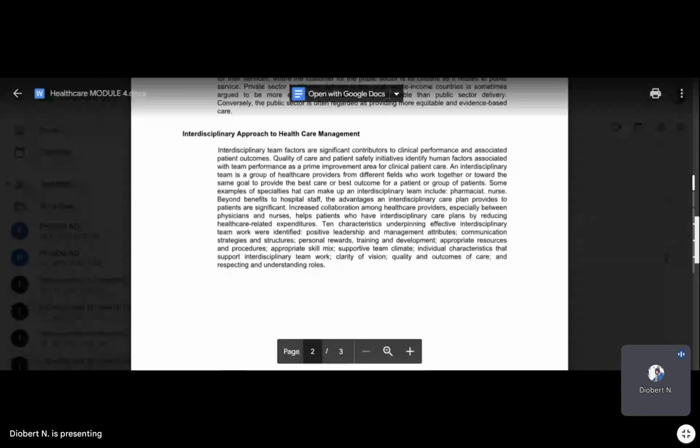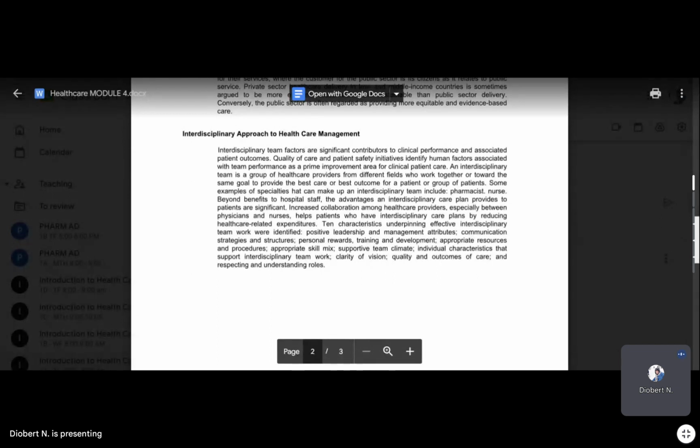Different kinds of skills. It's not only doing one thing, but at the same time doing something that would also add to the help of others. And then we have supportive team climate, which is a good team ambience.